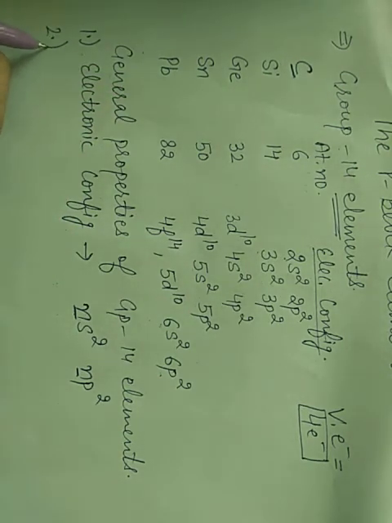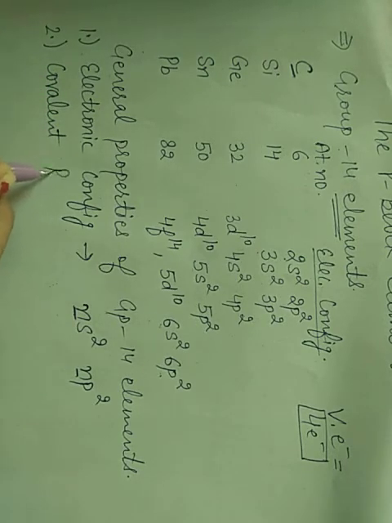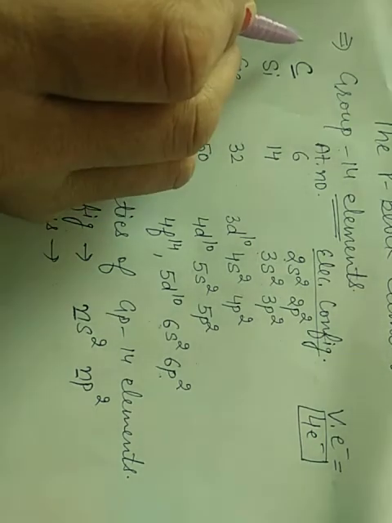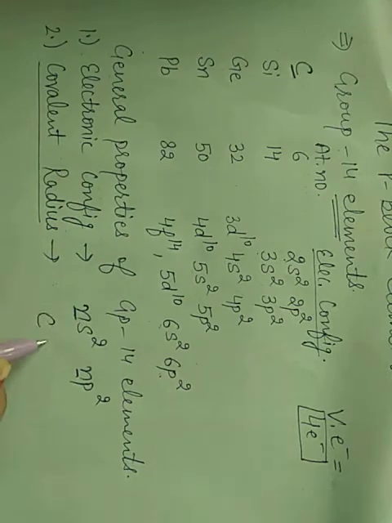Now the second property is covalent radius. As we move from carbon to silicon, their atomic radius increases.